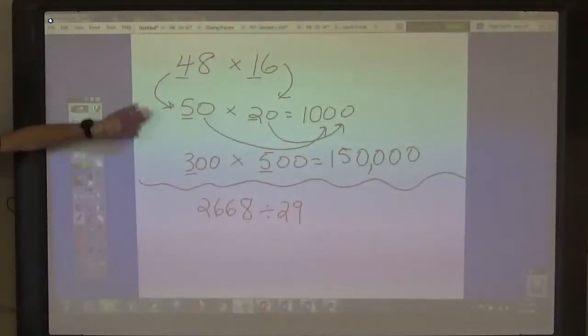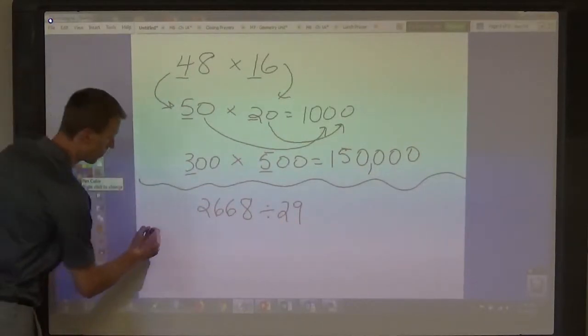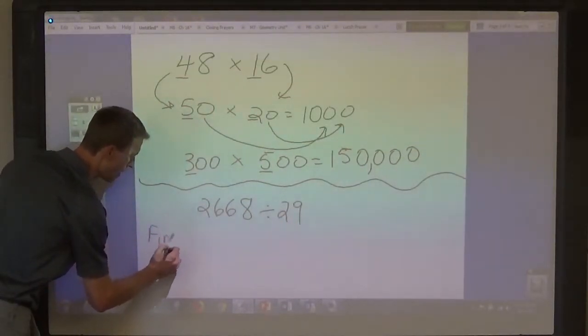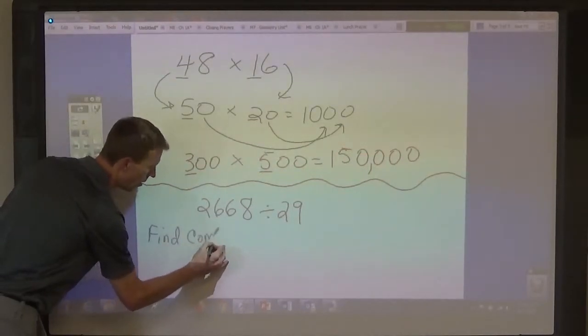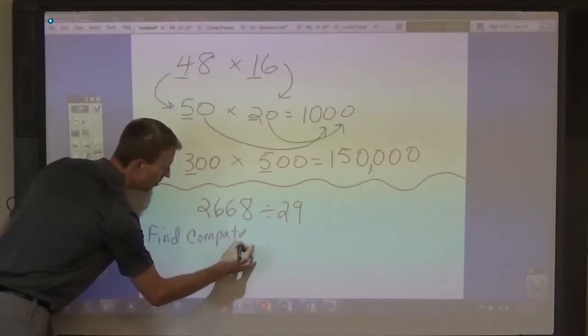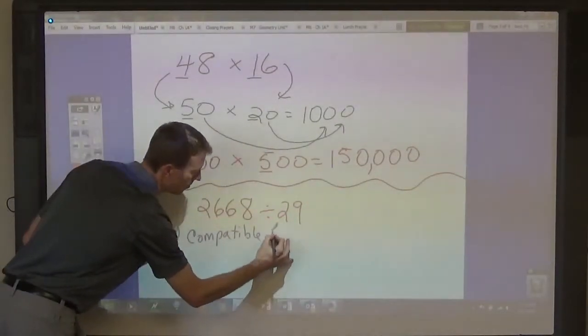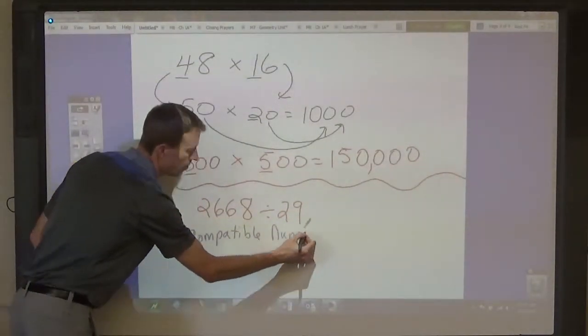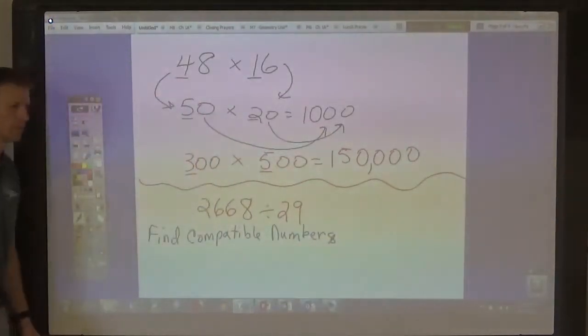I'm separating this so that you know we're doing a new problem. Write this down, everyone. Find compatible numbers.